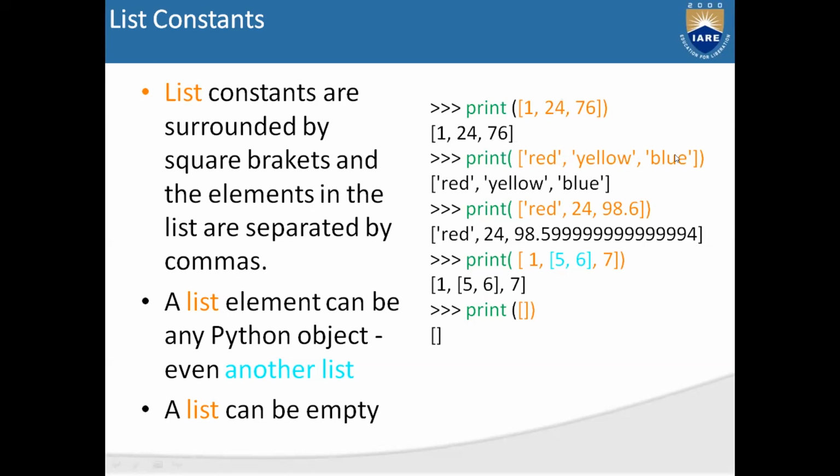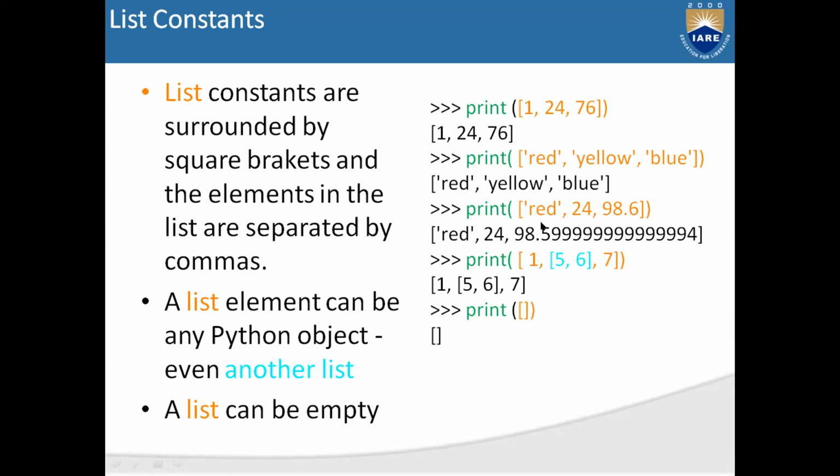Print red, yellow, blue. These colors are strings, and they are printed like this. If it is a string, it must be enclosed within quotations, single quotations or double quotations, whatever it may be, right? So these are the elements of my list. The list elements are string constants.